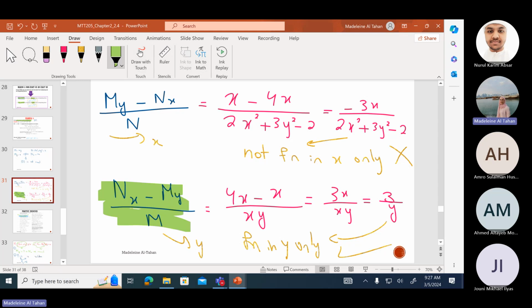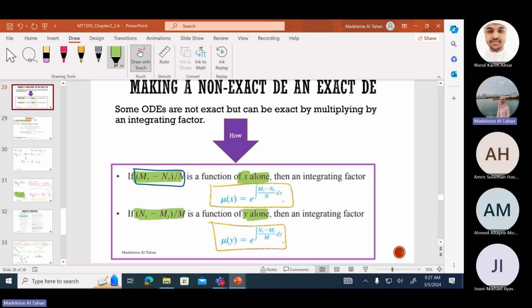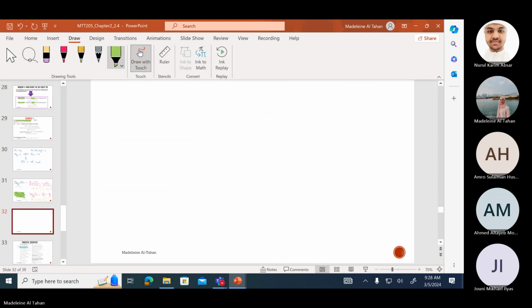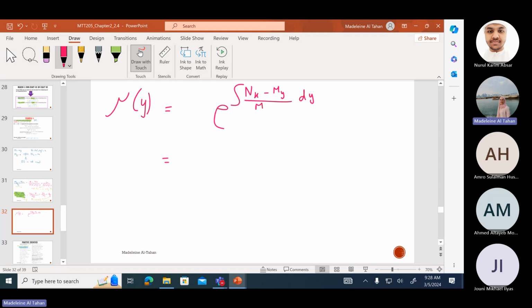Okay. Go back to this one. What's our integrating factor now? We use the first or second? So what will be our integrating factor? This mu, right? So the next step is we need to find the mu of y. Mu of y, we said that it's e power the integral of (N_x minus M_y) over M dy, right?